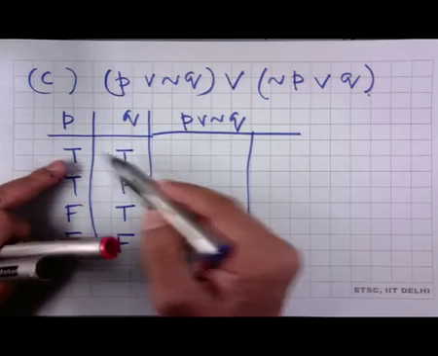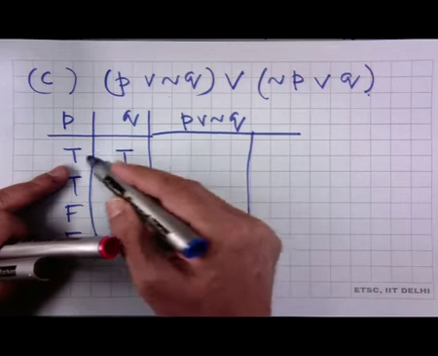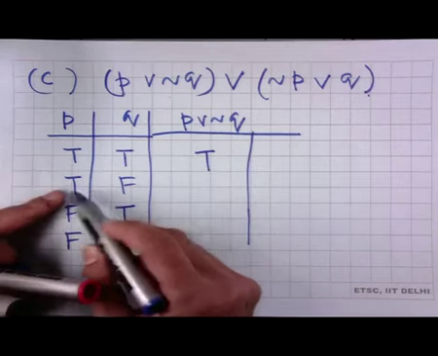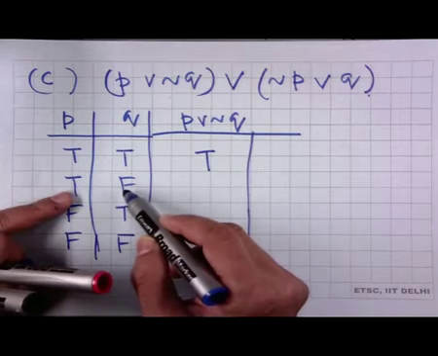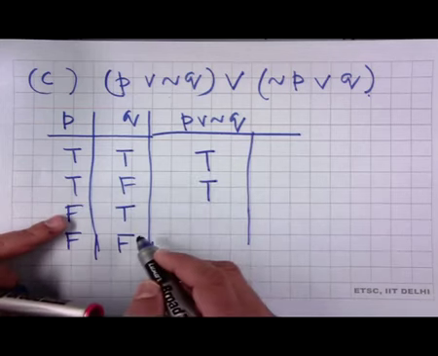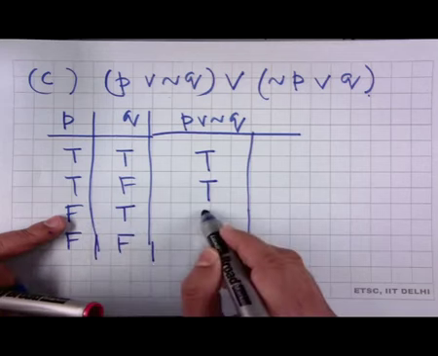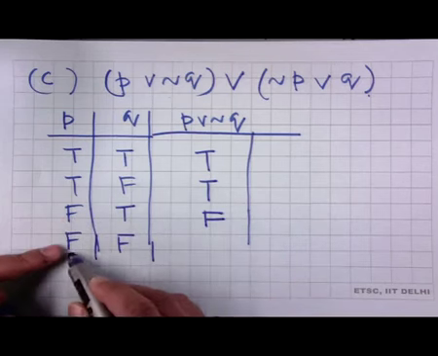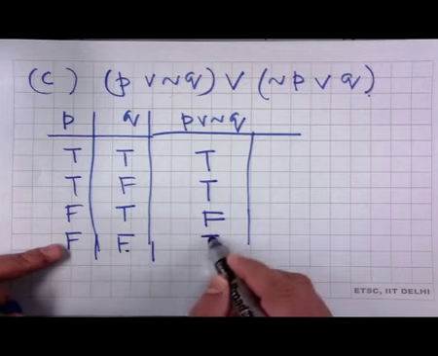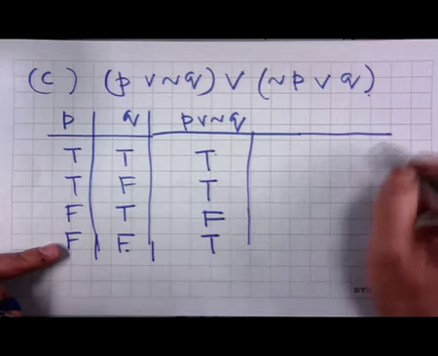So, T and not Q is false. True or false is true, true or negation of Q is true. So, that is also true. False or negation of Q is false. So, OR of two false is false. False and negation of Q here is true, so OR is true. So, P or not Q is T T F T.